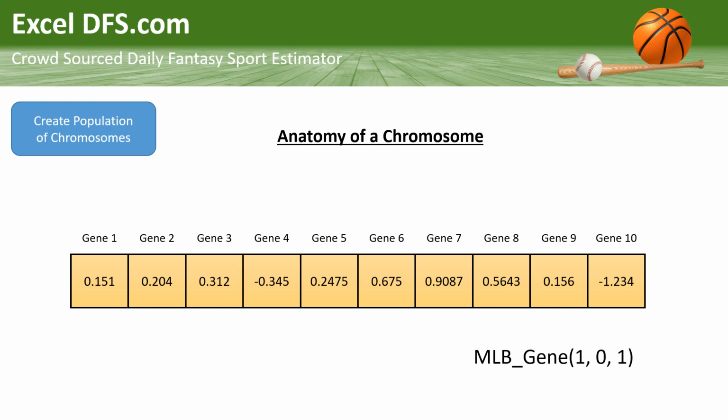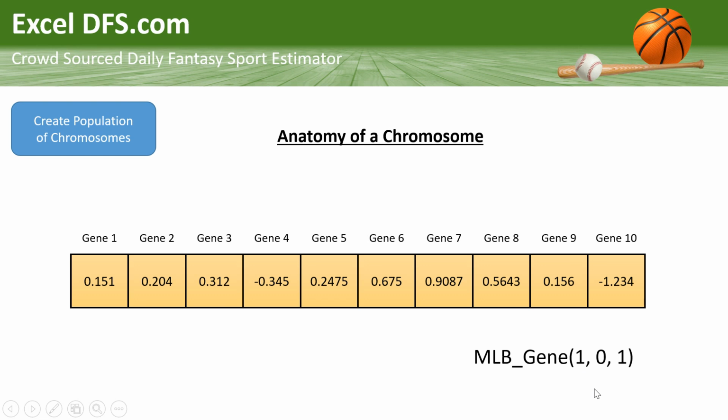This is the genetic code, and initially when we set up the population of chromosomes in our code that we're going to see in a minute, we use this function to ensure that every individual candidate in the citizenry is unique. For example, MLB gene, the first argument is the gene ID. This is 1. So gene 1 is here.